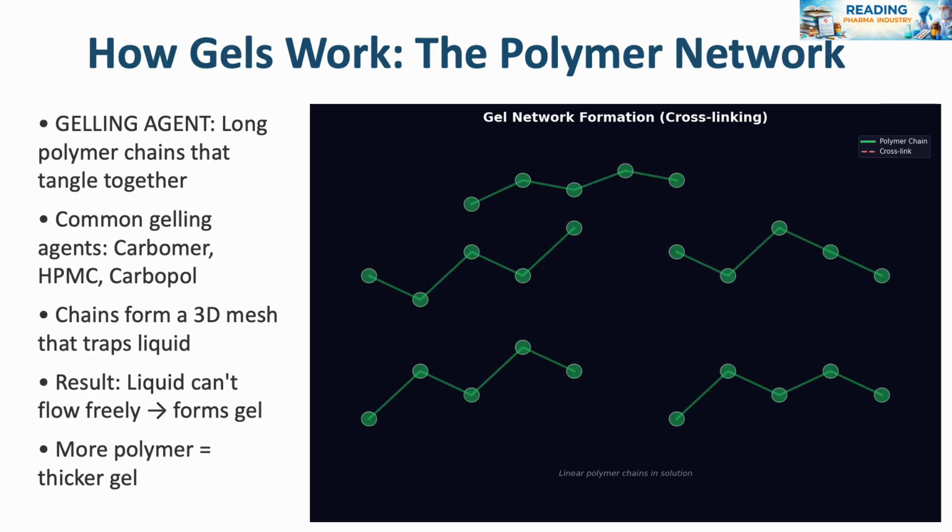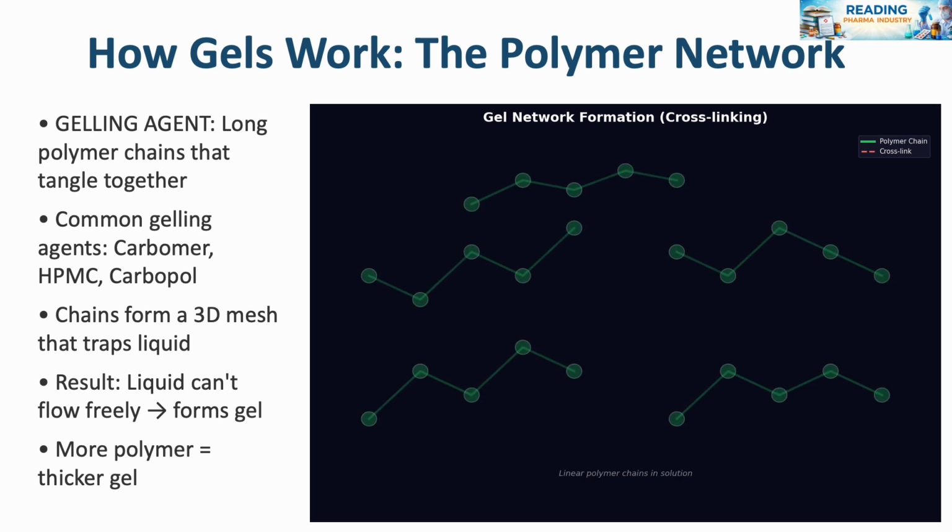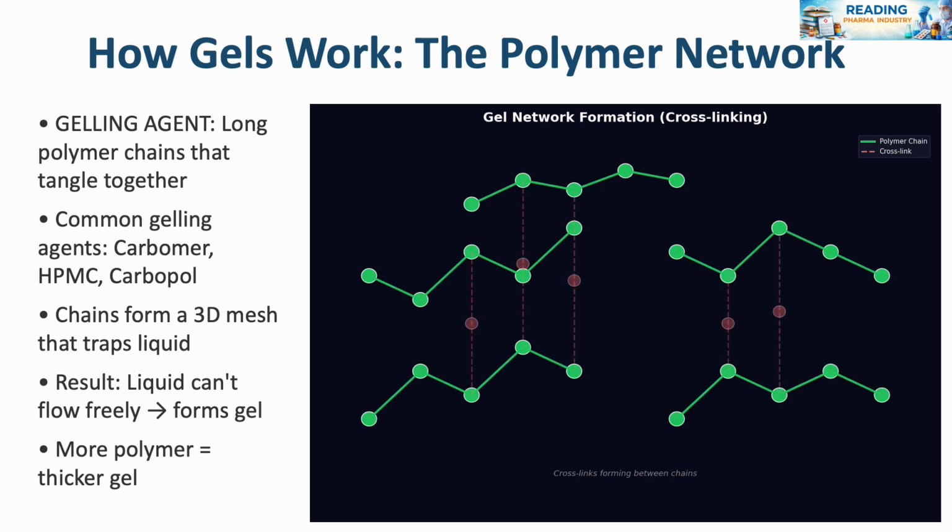So this is the classical way to represent gels or the polymer network. As you can see here in this animation, the polymers have longer chains, and they can form intermolecular hydrogen bonding. These are examples of common gelling agents, like carbomer, cellulose-based polymers, and carbopol, which are classical ones that are used.